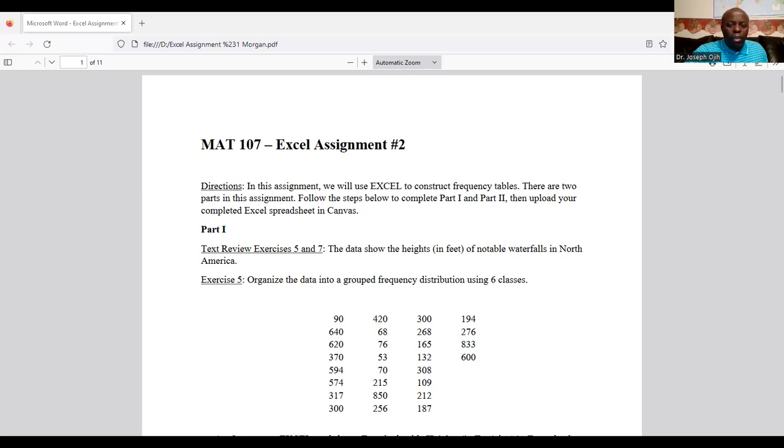I'm looking for the right data. Okay, I can use this one. I'm gonna copy this, open a new Excel so that we have enough room to do this. Paste it. Okay, so that I can close the other one.